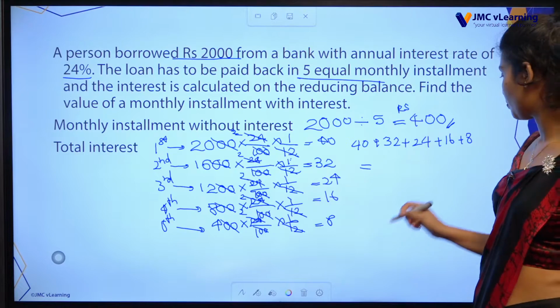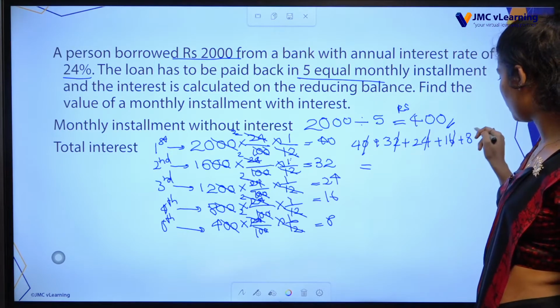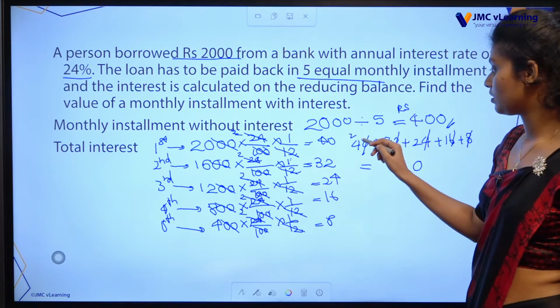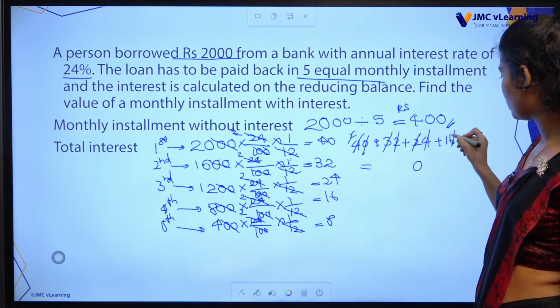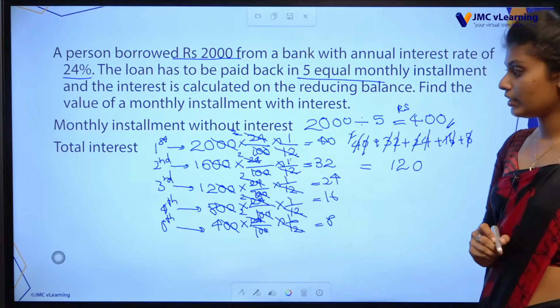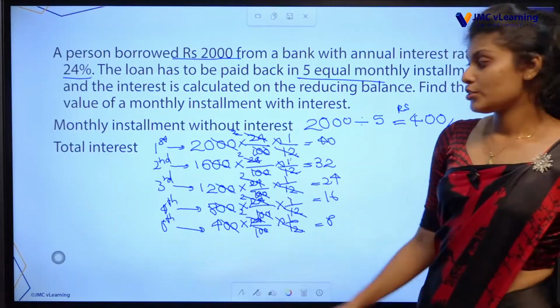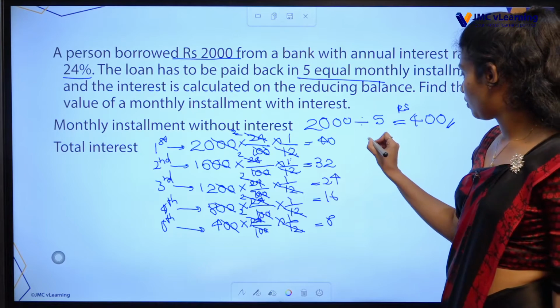What is the answer? 3, 6, 12, 20, put 0, 2 left, 2, 6, 9, 11, 12. Then total interest is 120.